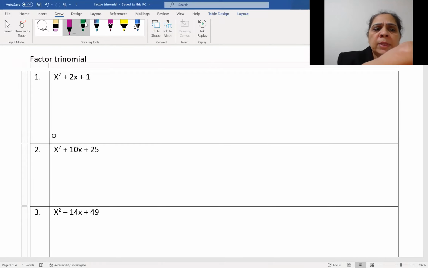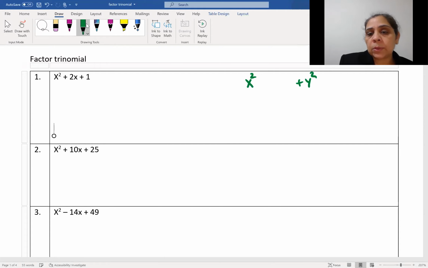So the first thing, step one is always to check, do we have a GCF? We don't have any GCF. Then we will check, here we have a trinomial, right? We will check, do we have any special case? A special case is when the first term and last term are perfect squares.